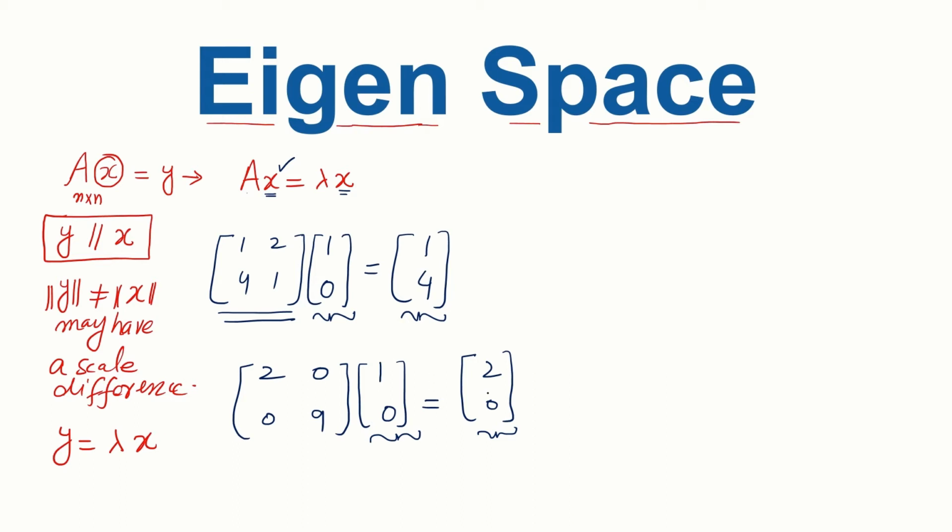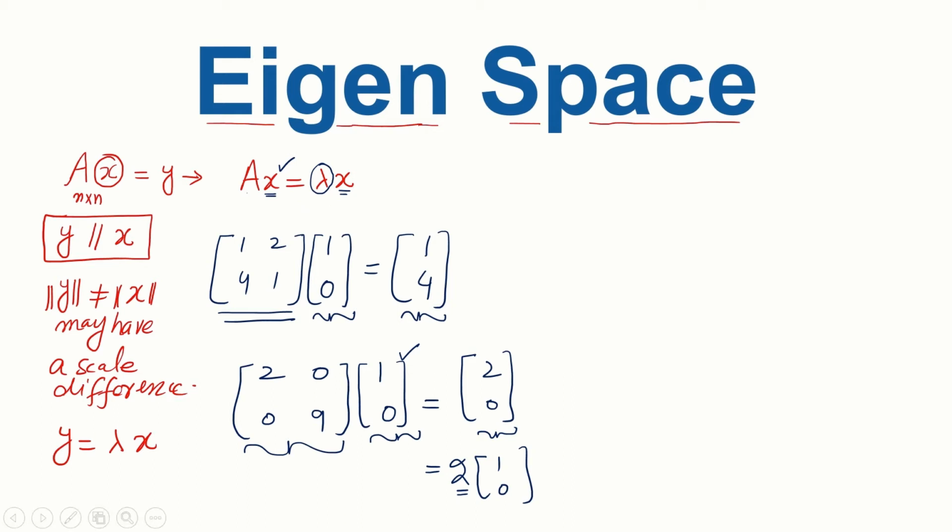In this case, the vector (10, 0) is called an eigenvector of this matrix. And the scale by which this vector changes, which in this case can be written as 2 times 10, is called the corresponding eigenvalue.